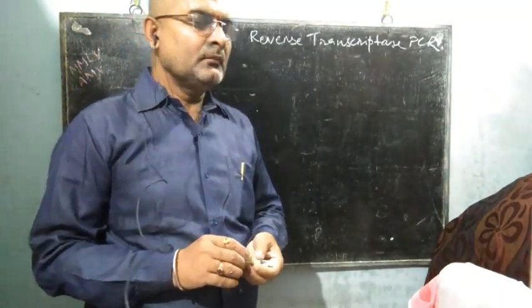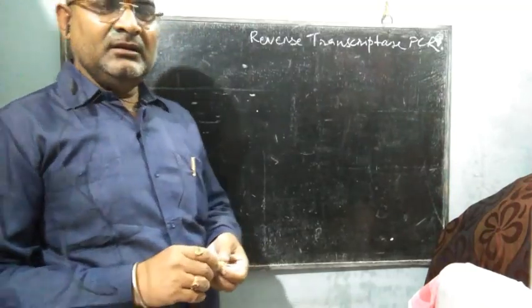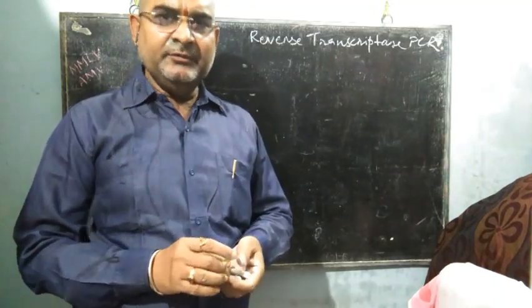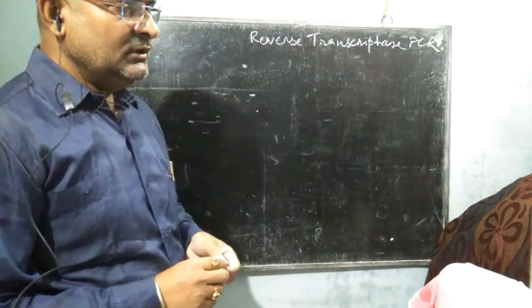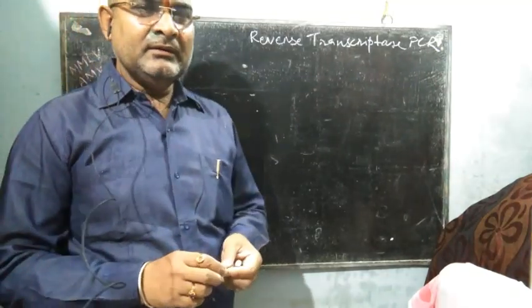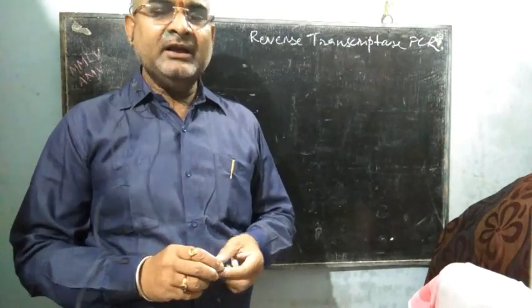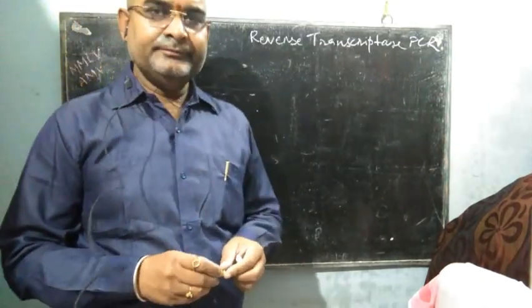Basically, the polymerase enzymes are responsible for the formation of 3'-5' polymerization of phosphodiester.